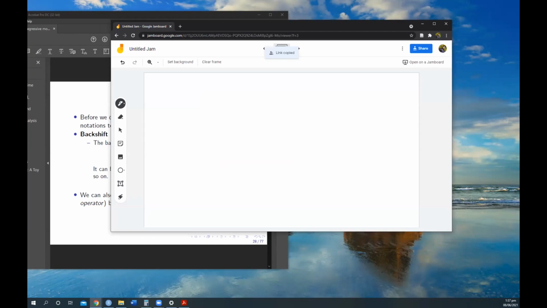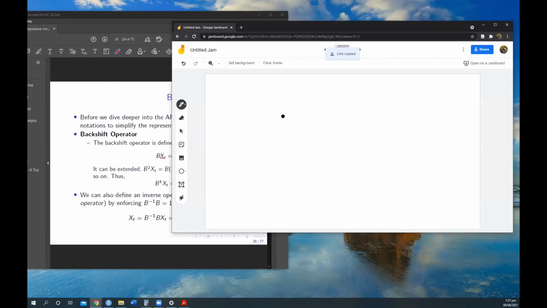Okay, I will share this chat so that you can. Okay, now let's use the backshift operator to describe the second order differencing.